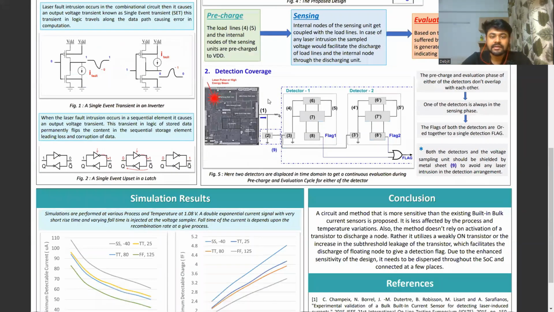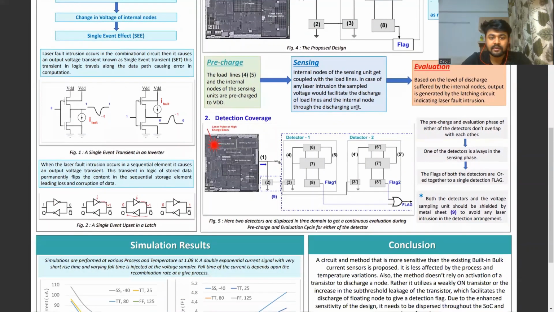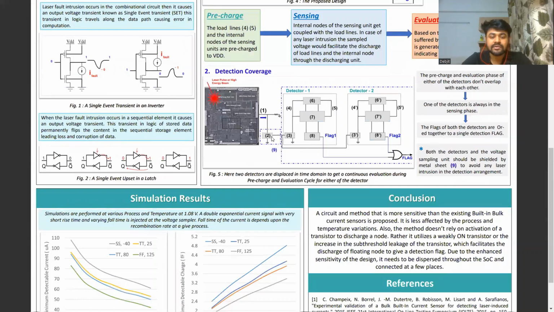Now, to increase the detection coverage and to eliminate the window masking effect in the precharge and evaluation phases, two detectors are used where the voltage is fed from a common voltage sampler. Here, the precharge and evaluation phases of either of the detectors do not overlap with each other. One of the detectors is thus always in the sensing phase.